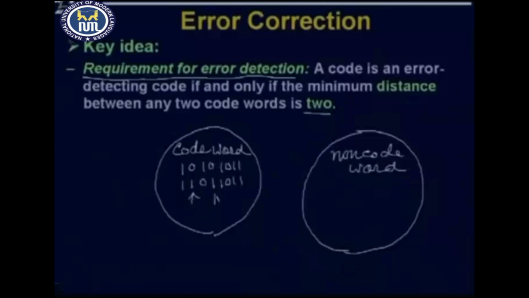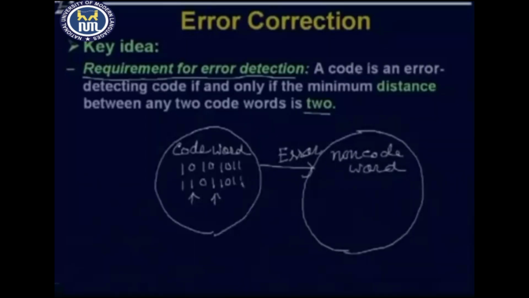So these two positions are different. This is called distance of 2. And any error that occurs in any of these two code words will fall in non-code word. It will not be part of code word, it will be part of non-code word. Any single bit error will lead to non-code word.